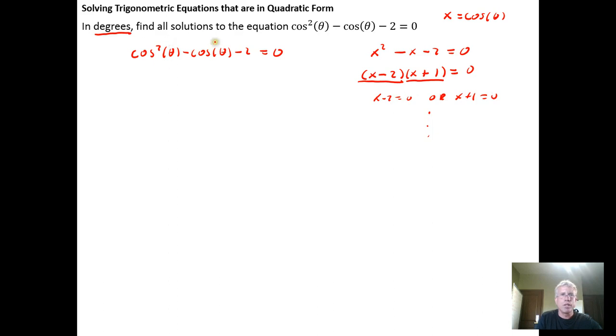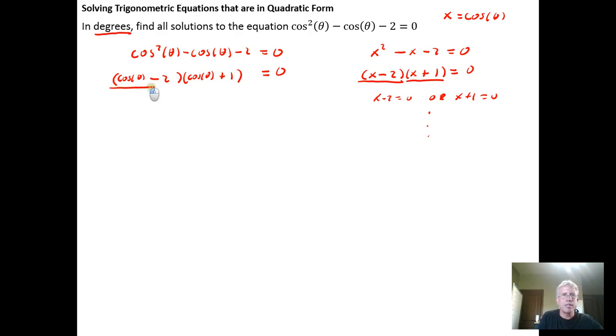So we're going to look at this and say that we are in a quadratic form, and we're going to factor like this, except instead of x's, it's going to be cosines of theta. So I'm going to get cosine theta times cosine theta to get cosine squared of theta, just like x times x is x squared. And it's going to be minus 2 plus 1.